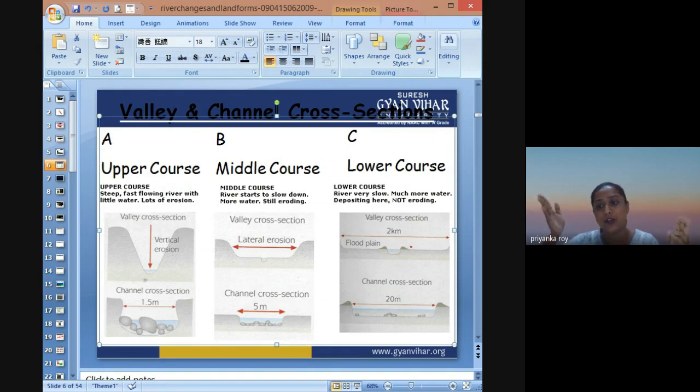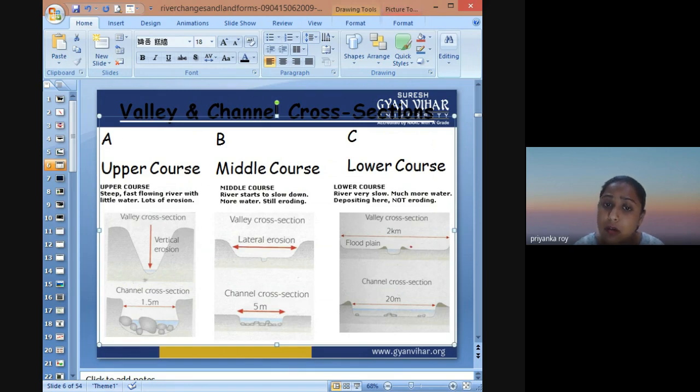That means erosional activity happens sidewise, so that's why the valley gets wider. So the lateral erosion causes widening of the valley, right? And the erosion is still there, with a minimum amount of deposition.